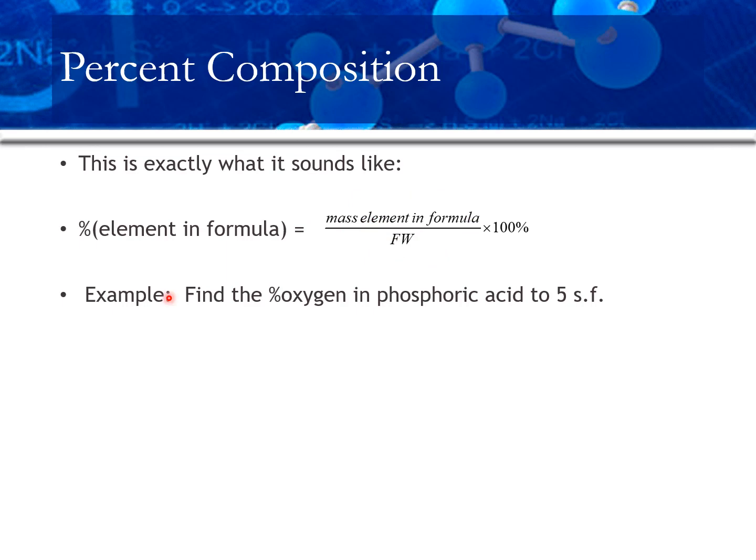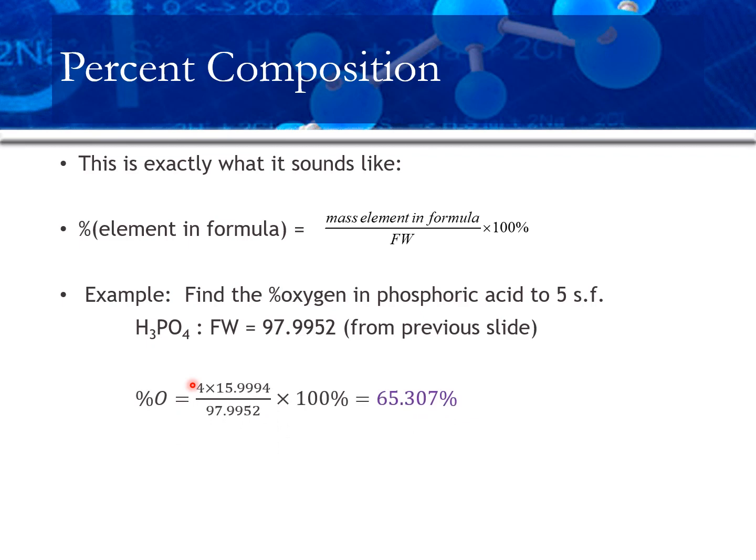So if we calculate the percentage of oxygen in phosphoric acid to 5 significant figures, if I tell you to round to 5 significant figures, this is how we're going to set it up. We're going to use the formula weight that we just calculated from the previous slide for phosphoric acid, 97.9952 AMU.